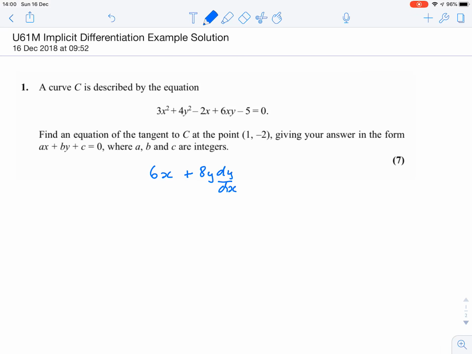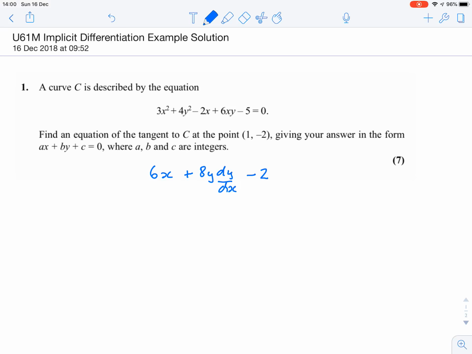So to differentiate a term in y with respect to x, we differentiate it with respect to y, multiply by dy by dx. Differentiate minus 2x with respect to x and we get minus 2. And now we come to a product function, and you need to recognize this because it often crops up in implicit differentiation. You've got to treat this as a product of 6x and y.